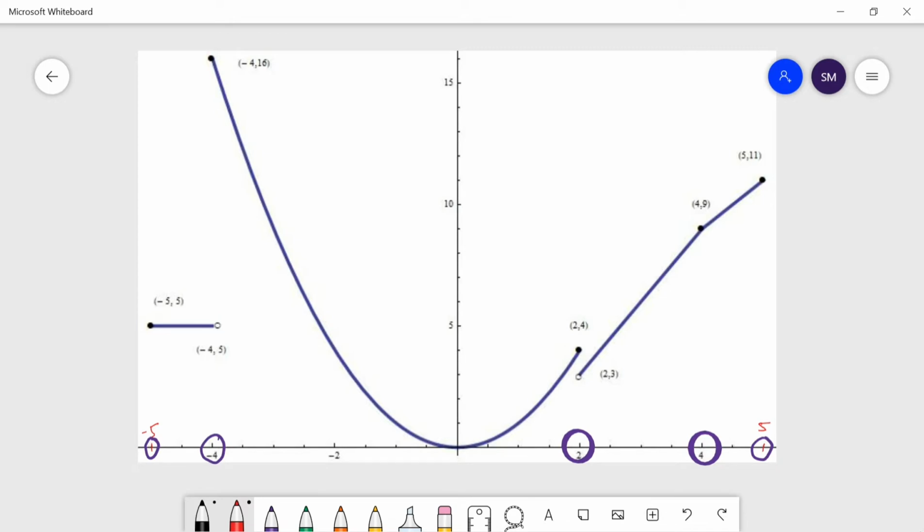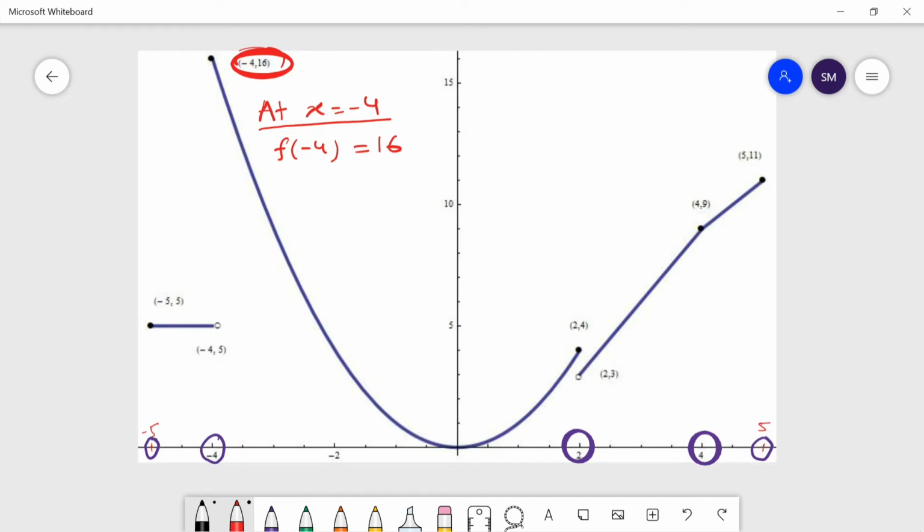So at x equal -4, f of -4, which is this point, is given by 16. So f of -4 is defined. Next, the limit.